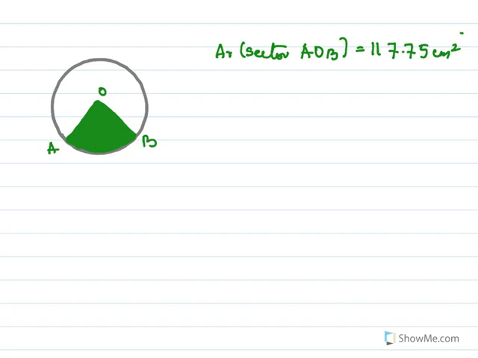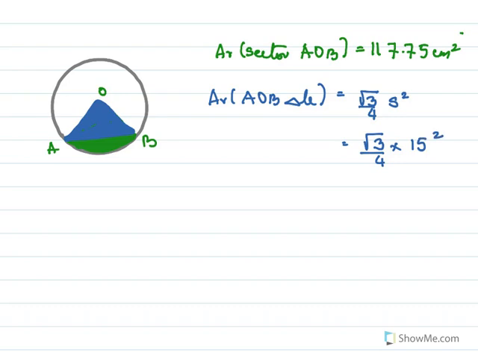Now from there we need to subtract the area of this triangle AOB. And that area of triangle AOB, it was an equilateral triangle, we got it as root 3 by 4 side square. So root 3 by 4, side was 15 square. And on working this, you got 97.3125 centimeter square. So area of triangle.